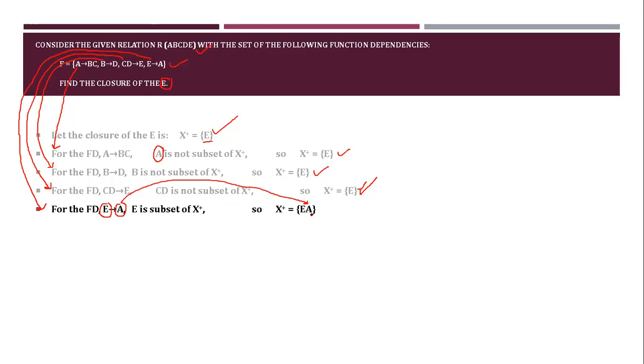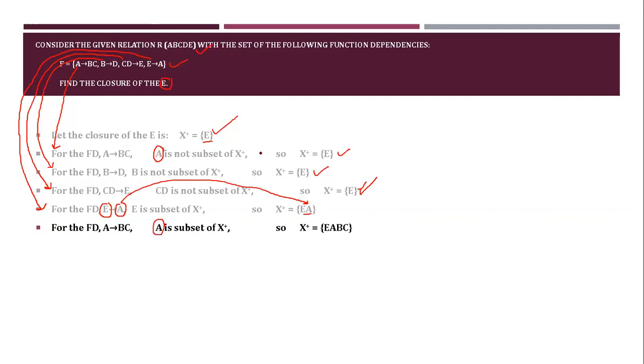Now see over here, EA is there and A determines BC in the first FD. Now if you repeat again, then it is possible to add BC in the X plus. So do it again. For the FD A determines BC, start again from the first. Now this A is in X plus.